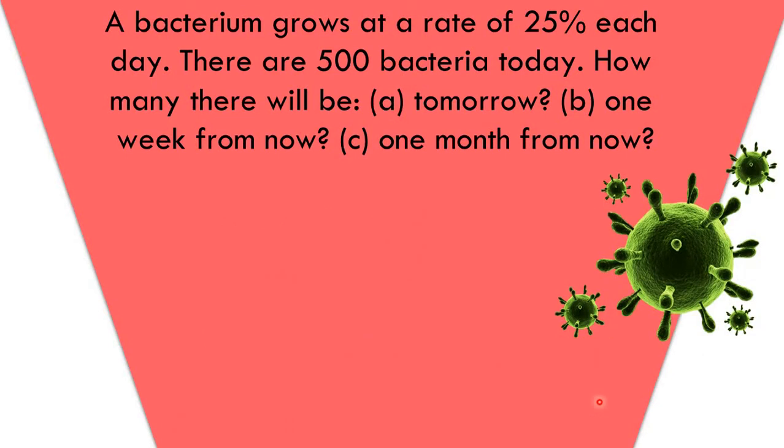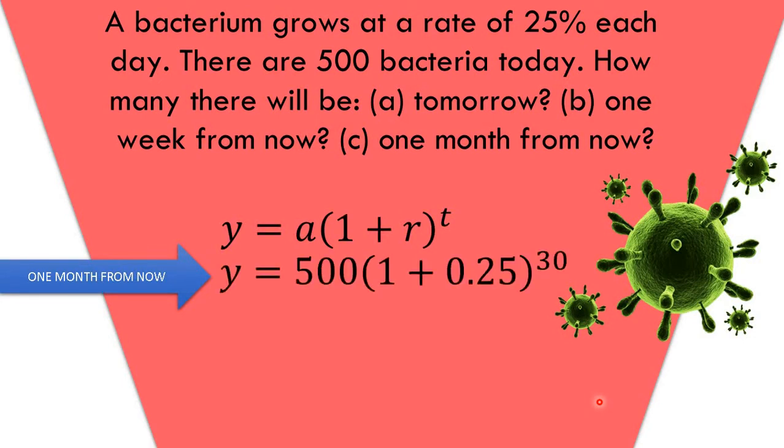Next, the third is 1 month from now. Again, we have the same initial amount and the same rate, but the time period changes from 7, a week, to 30, since 30 is for 1 month. In exponential growth and decay, 1 month is always 30 days.